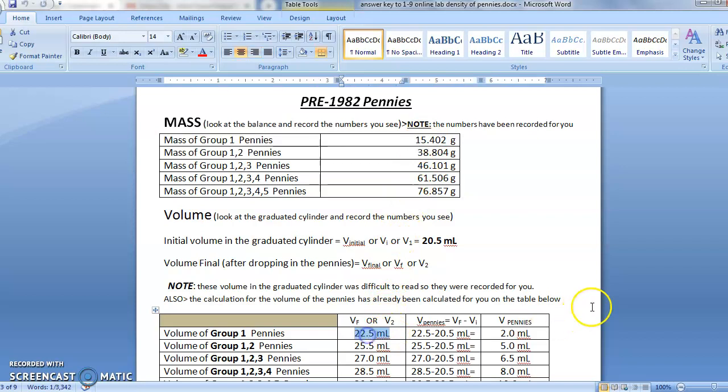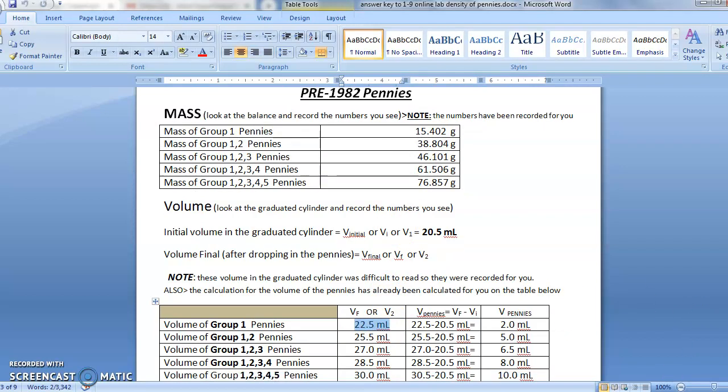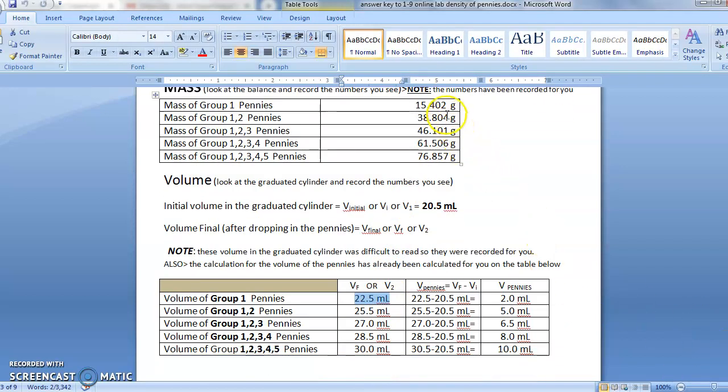The cylinder started with 20.5 milliliters of water. After he dropped the pennies in, it went to 22.5. So that group of pennies, 22.5 is what it went to, 20.5 is what it started out. That group of pennies had a volume of 2.